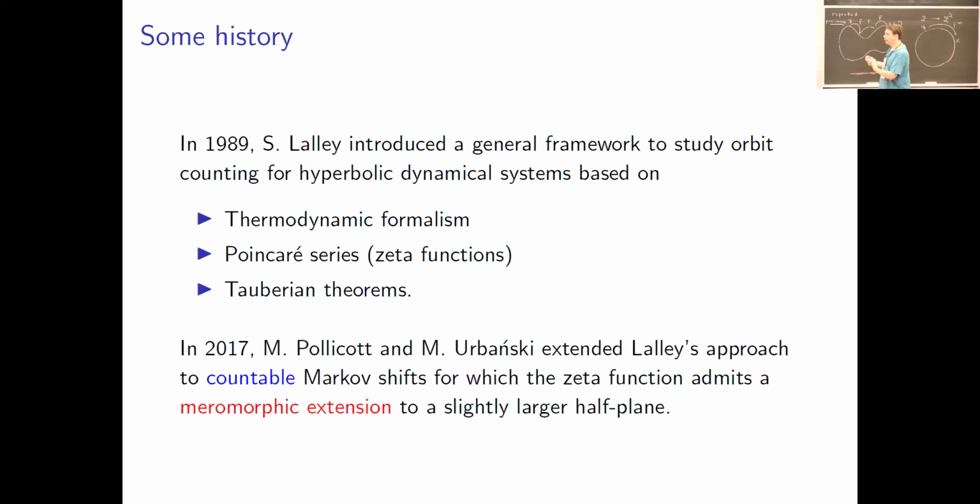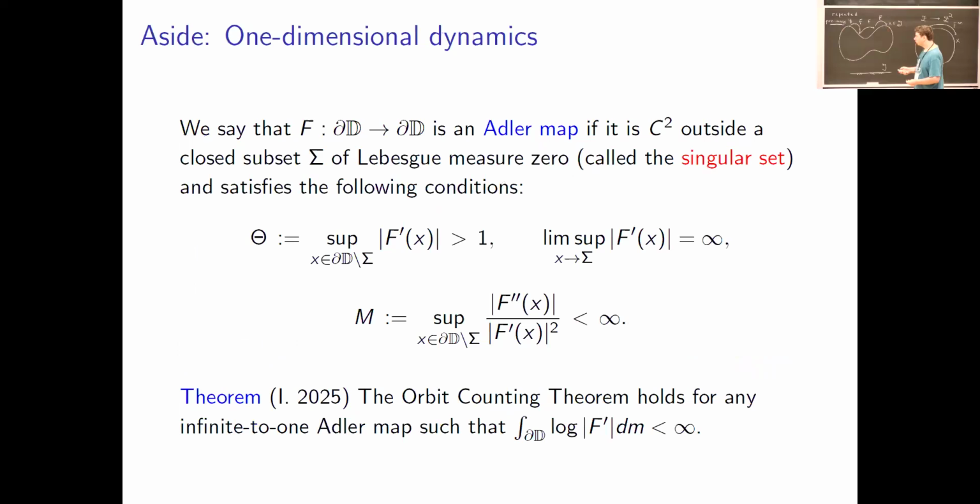But the main drawback of this approach is that they require that the zeta function has a meromorphic extension to a slightly larger half-plane. So in the context of Adler maps, one doesn't get this condition, one gets this condition.